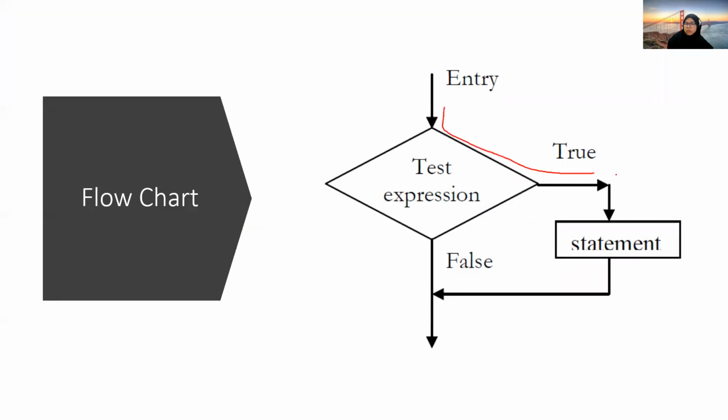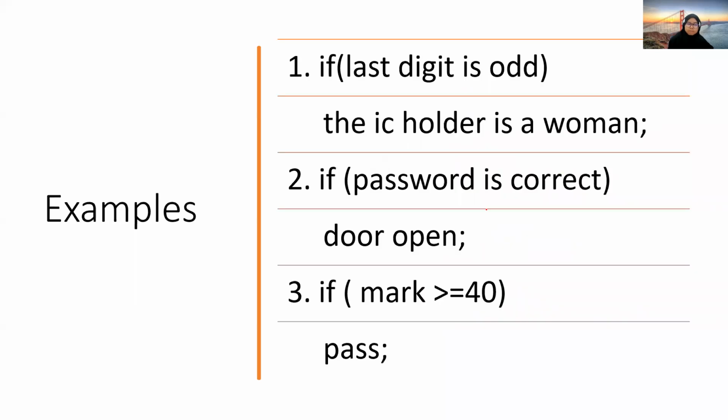If it's true, it goes to this statement, and after that exits the condition. If the condition is not met, it just goes to this part. The false path is like a default, because if it's not true, it will always go to the default case.